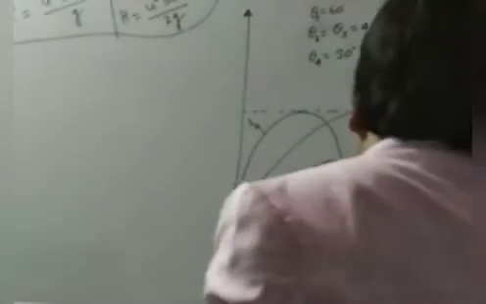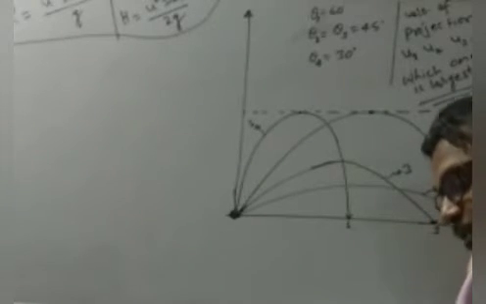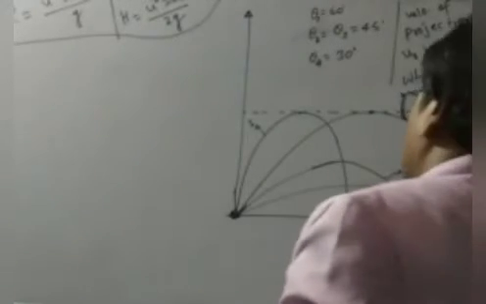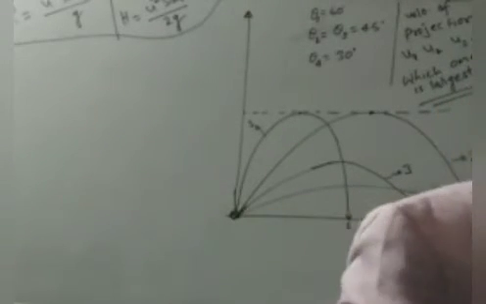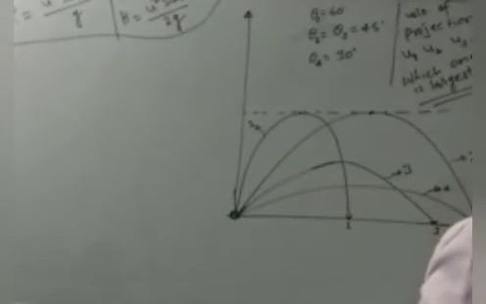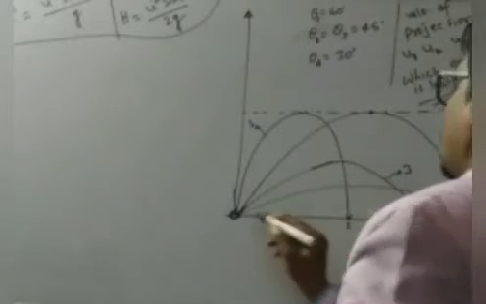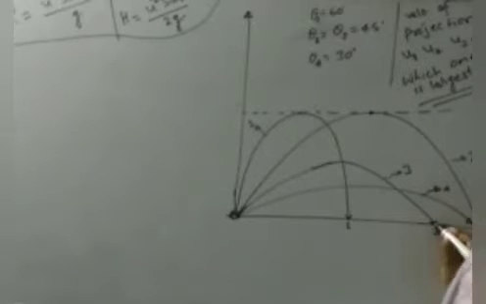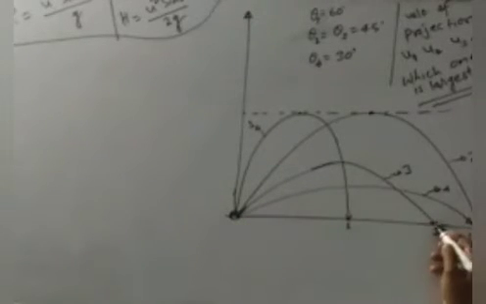One thing is clear, for range of 2 and 3. This is the range for projectile 2, starting from this point to this point, and this is the range for projectile 3 from this to this.